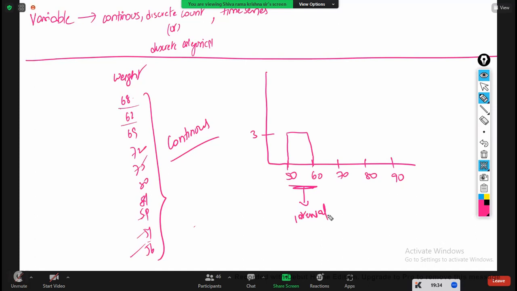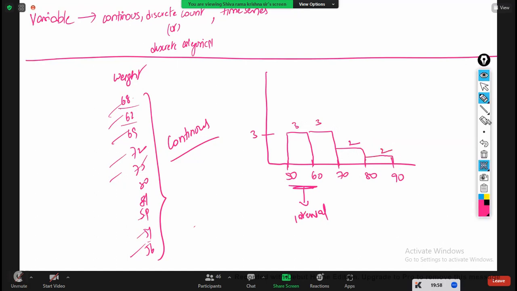From 60 to 70, how many data points are there? 1, 2, 3. Again 3. Now 70 to 80: 1, 2. Only 2 records are there. This is 3, this is 3, and 70 to 80 has 2 records. From 80 to 90, again 2 records are there.